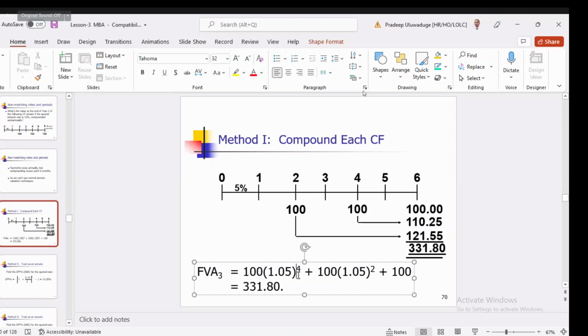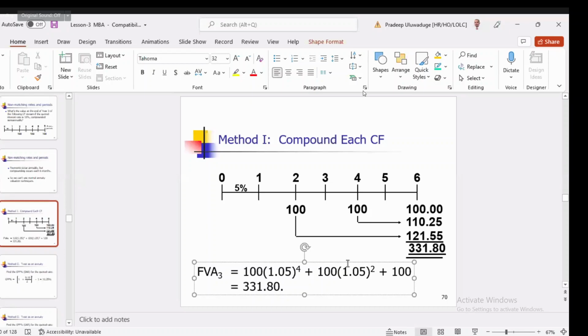So what we did was compound each cash flow to the future. The last cash flow is in its real value, so it's the same value. The second cash flow passes through two semi-annual periods, so we compound it for two periods and get 110.25.